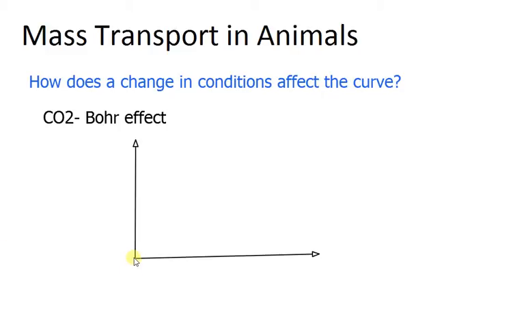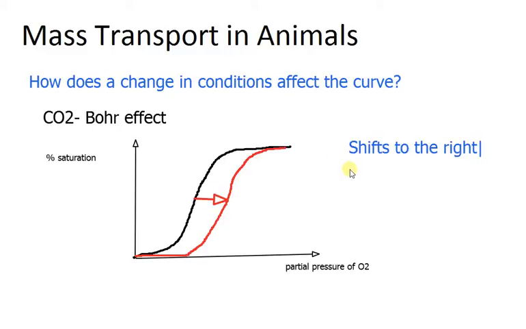Okay, so if this black line is our normal carbon dioxide level and this red line is a high carbon dioxide level, we can see that the curve has been shifted to the right. So the main three things you need to note is that the curve shifts to the right.